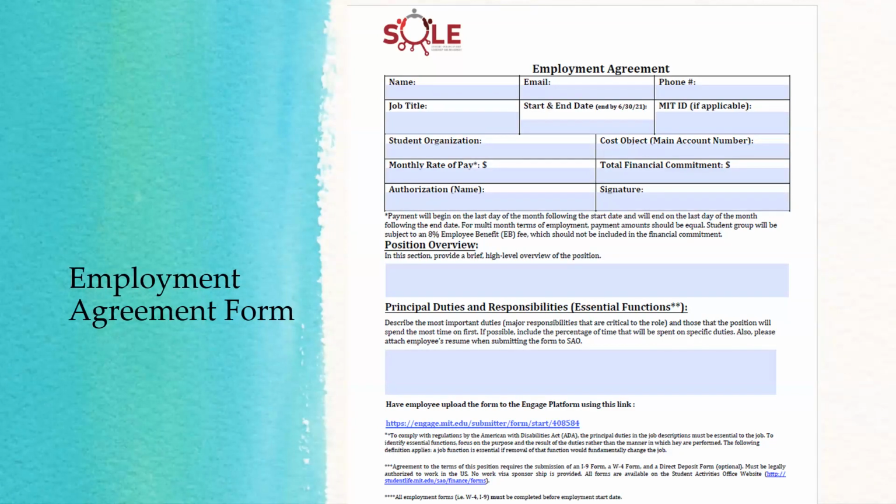or your F or S cycle. The monthly rate of pay is not as important as the total financial commitment. So we just want to know how much you agreed to pay them. How much did you and this person agree on as total compensation for this job? So when you look at the start and end date, say we're hiring this person at the beginning of September, and the appointment will be completed at the end of May.